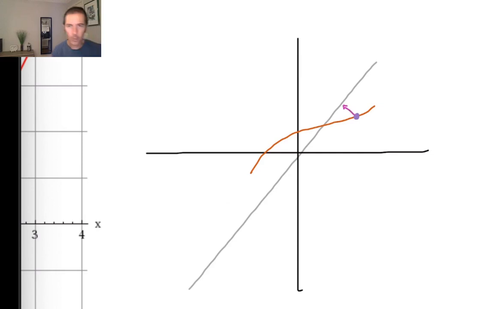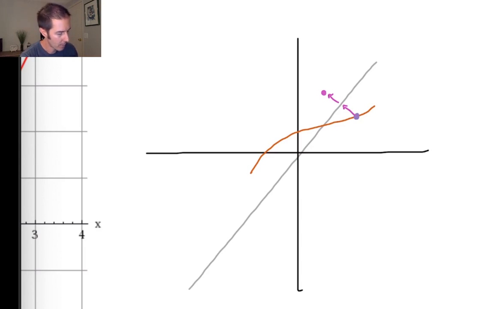If I move perpendicular to the line y equals x, and then I travel that same distance crossing over the line y equals x, I will arrive at the point which appears on my inverse function. This is the process of reflecting a graph over the line y equals x.